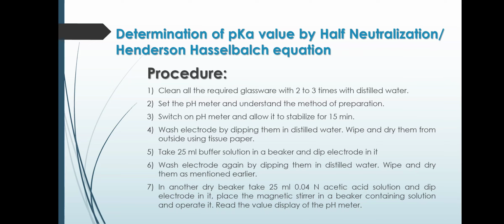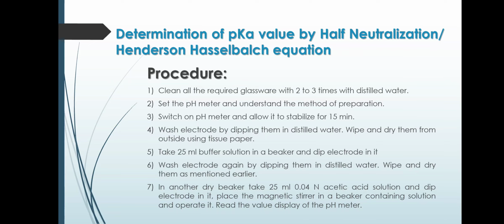Wipe and dry it from outside using tissue paper. Take 25 ml of buffer solution in a beaker and dip the electrode in it. Wash the electrode again in distilled water, then wipe and dry it using tissue paper.